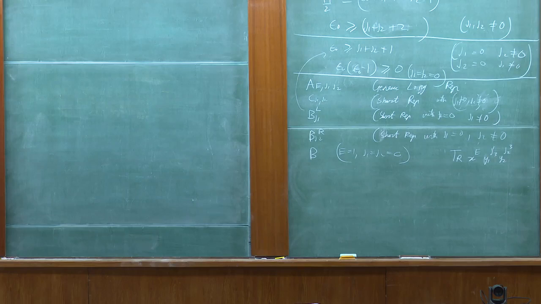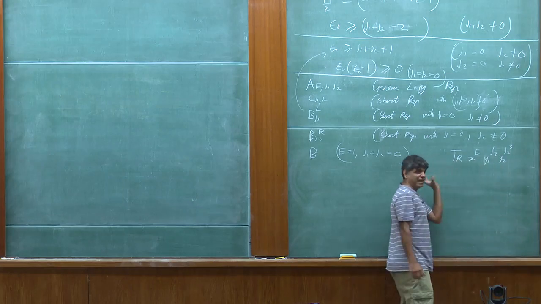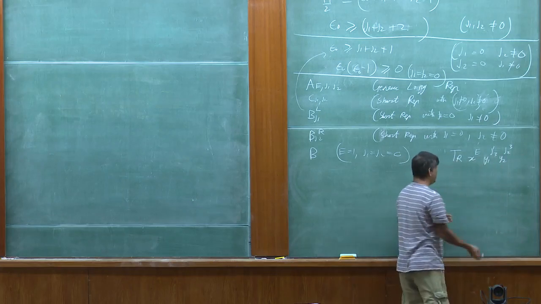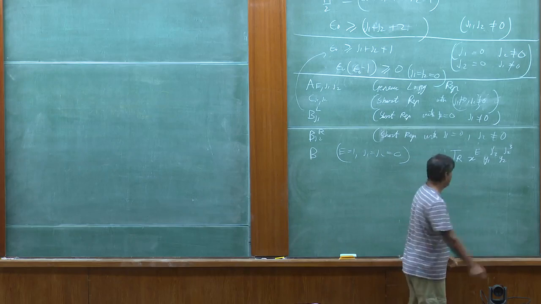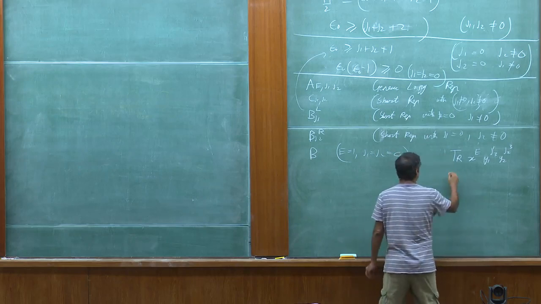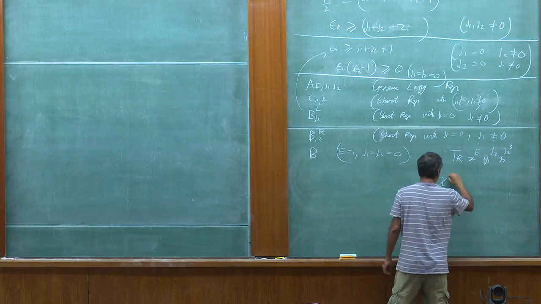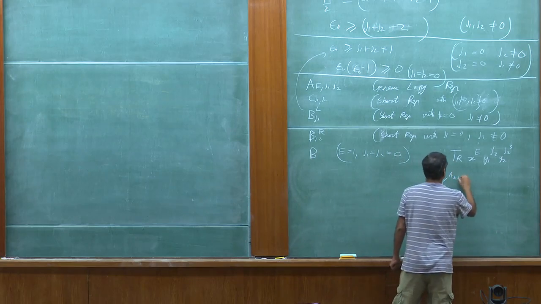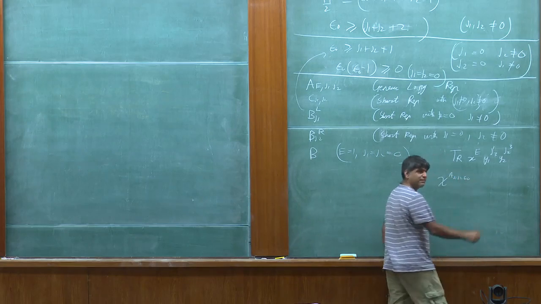Okay? And to answer Kanu's question a little better, in the case of a long primary, the character of A, j1, j2, epsilon naught, is very simple to write down.